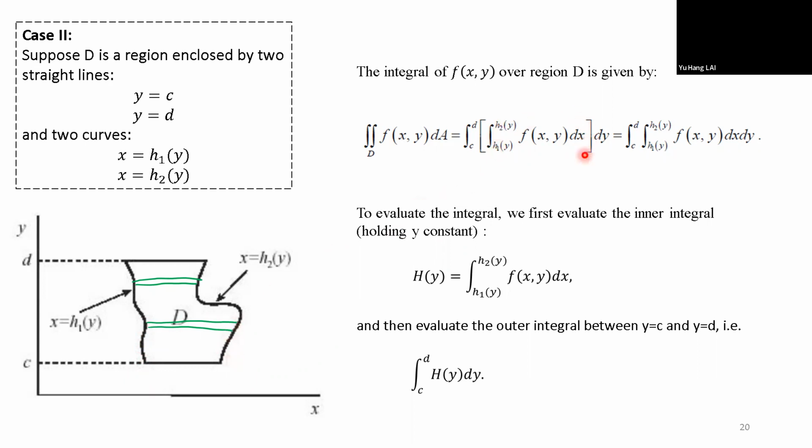So my inner integral will be expressed in this form, and my lower and upper limits are given by these two functions. After I evaluate the inner integral, I'll get a function of y instead of a function of x, and then I take care of the outer integral. This time the outer integral is given by two constant limits again because of this straight line and this straight line.